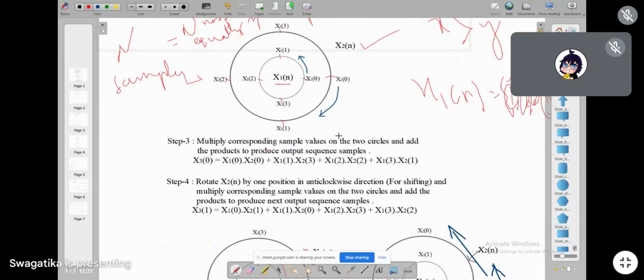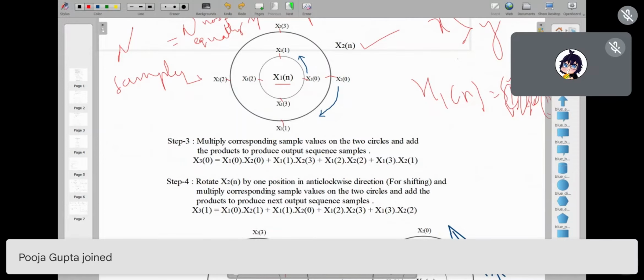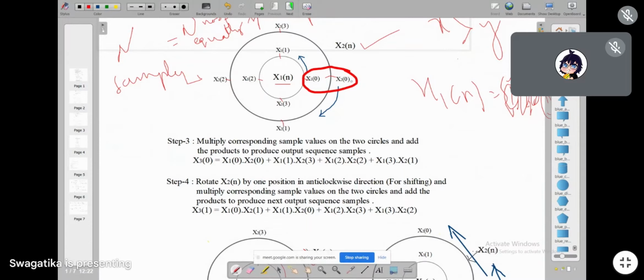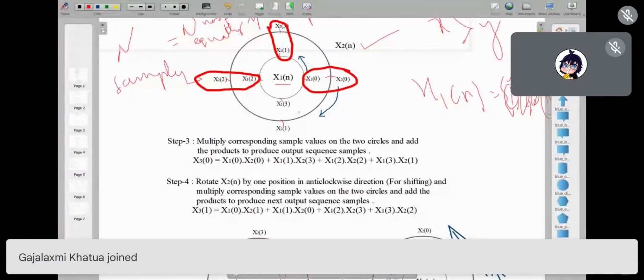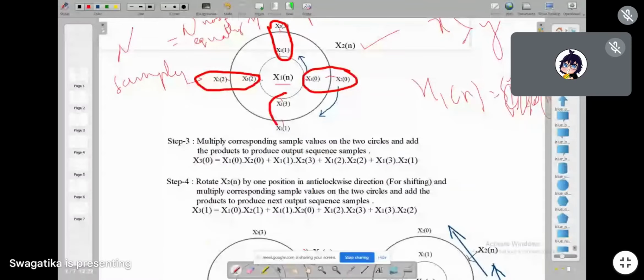Means you have to multiply like this: x1 0 with x2 0, x1 1 with x2 3, x1 2 with x2 2, now x1 3 with x2 1. You have to multiply these corresponding samples. Right? Clear or not?